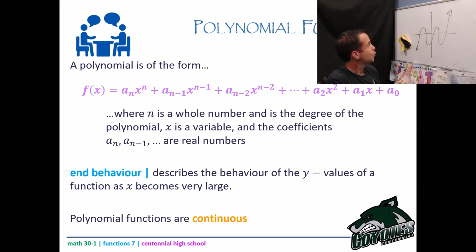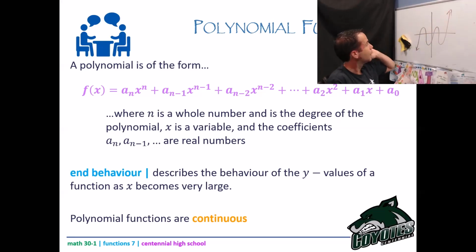We could also say the graph starts in quadrant 3 and ends in quadrant 1, because we read the graph left to right. Sorry, I said quadrant 4, but it's quadrant 3. 1, 2, 3, 4. So we're coming in on quadrant 3 and going out on quadrant 1.